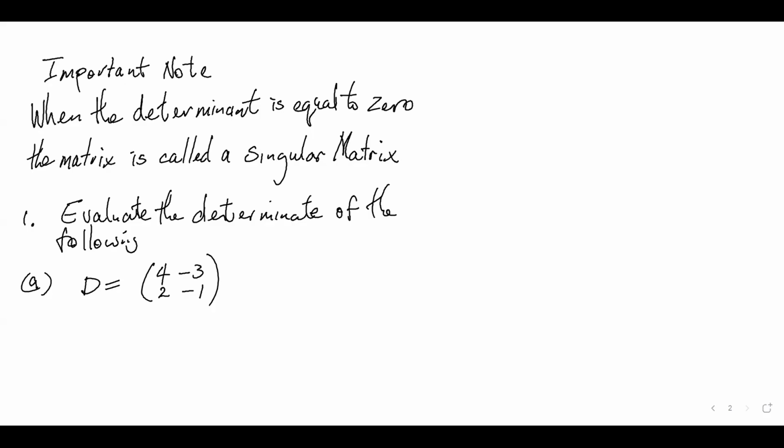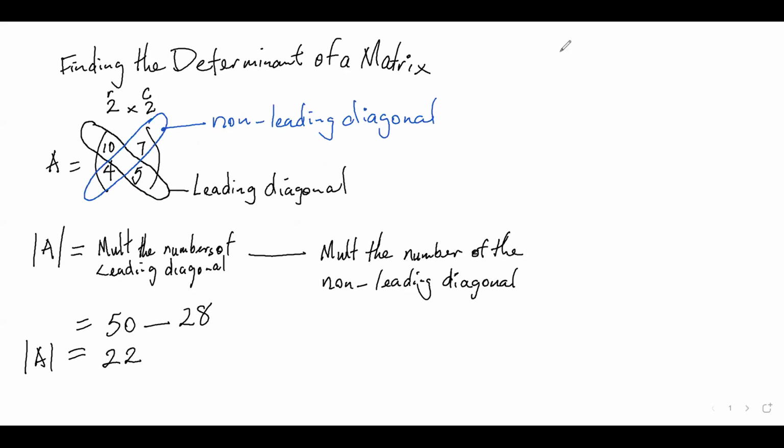We want the determinant of D. I will go back to the formula. The formula states that we have to multiply the numbers of the leading diagonal, and we're going to subtract it by multiplying the numbers of the non-leading diagonal.